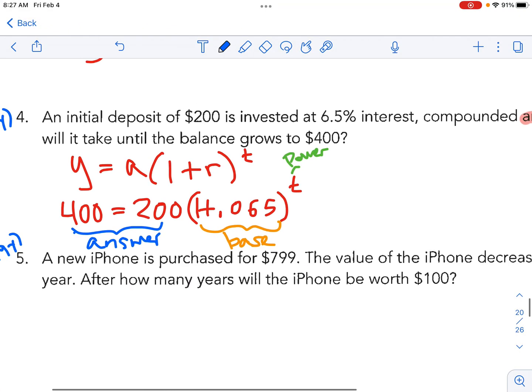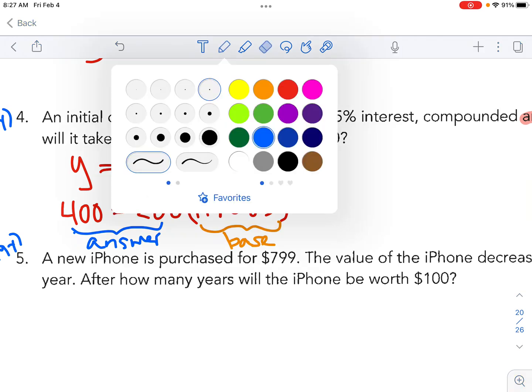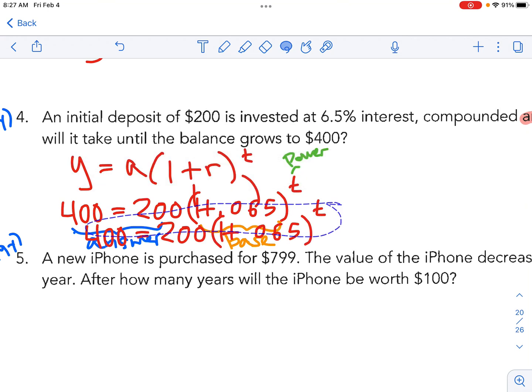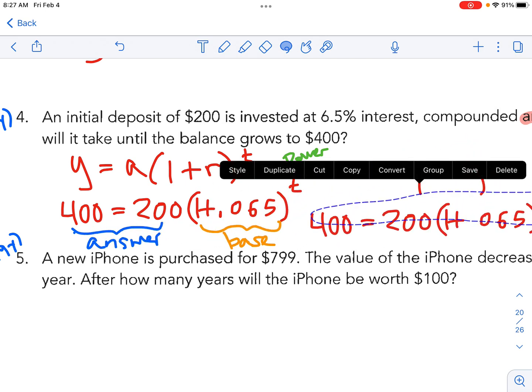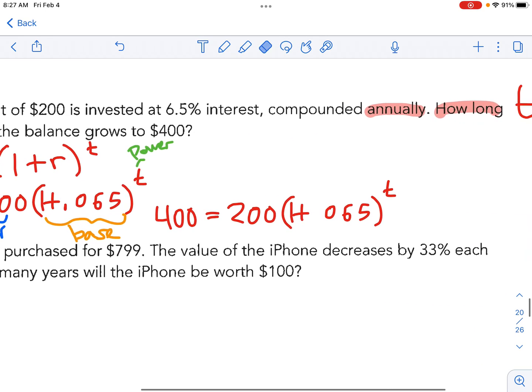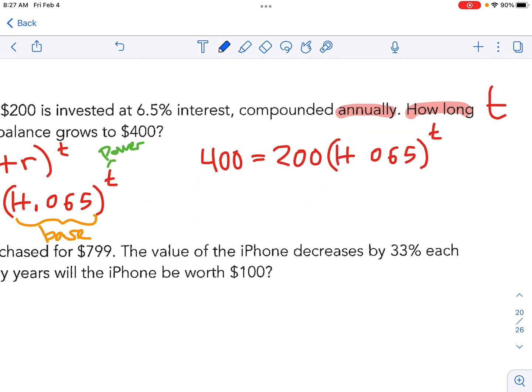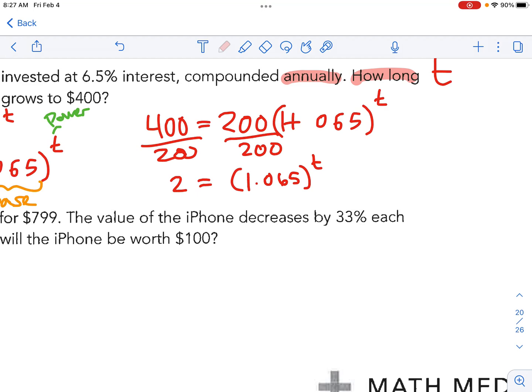I don't need my calculator anymore. In order to get this written as a log, we have to take this and divide by 200 first. In other words, we've got to isolate the base. So this is 2 equals 1.065 to the t.